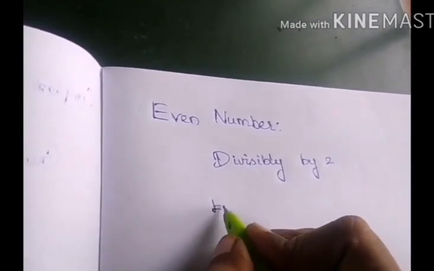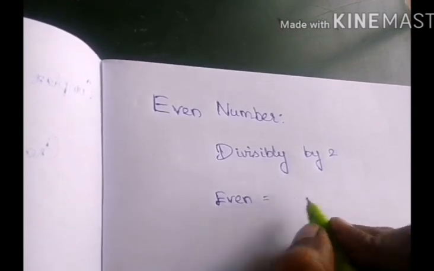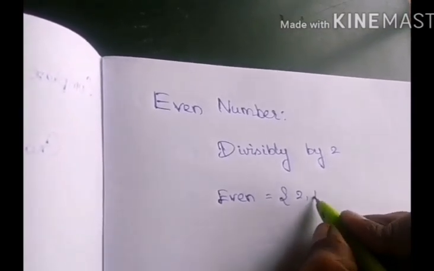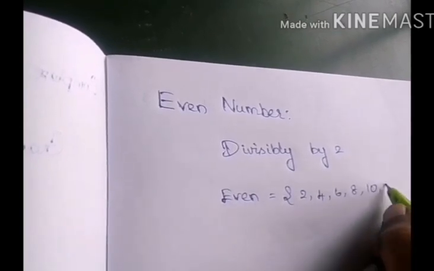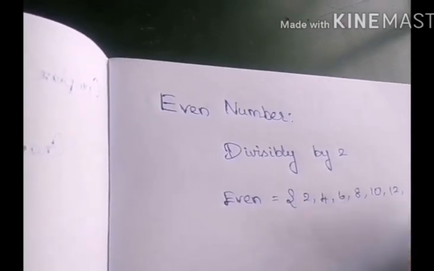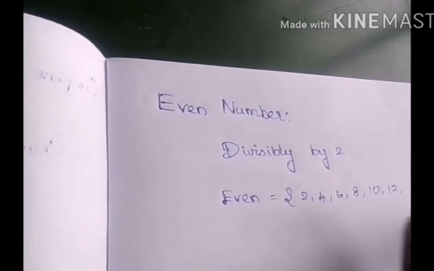For example, even numbers are 2, 4, 6, 8, 10, 12 and so on. These are even numbers.